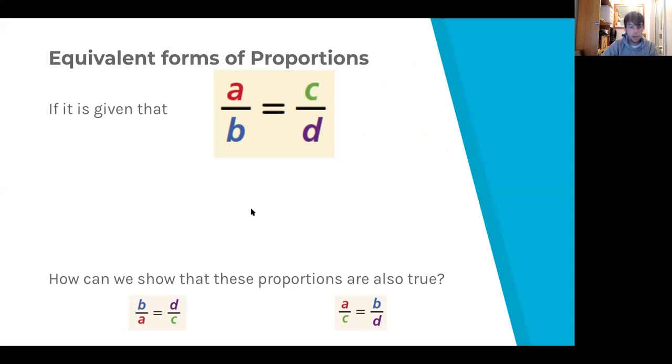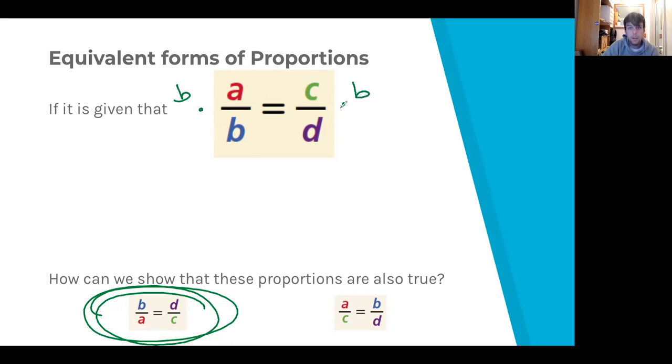So let's go ahead and talk about how we can maneuver this around a little bit. Let's show that this is equivalent to this. It's pretty easy to make that happen. If we take our original ratio here, and multiply both sides by b, and multiply both sides by d... well, let's just do it this way.